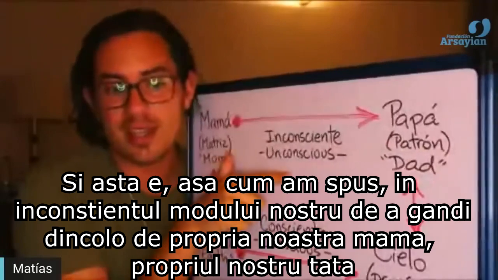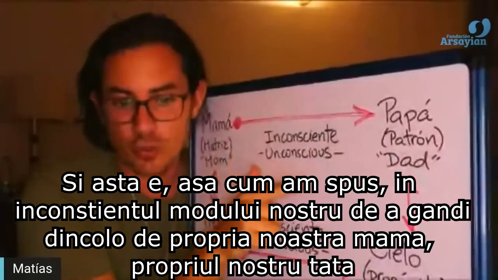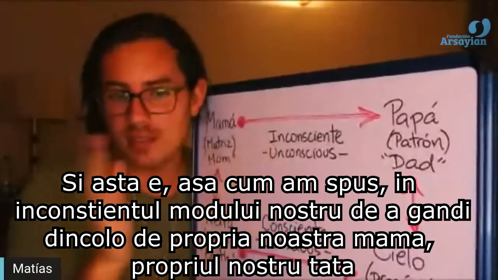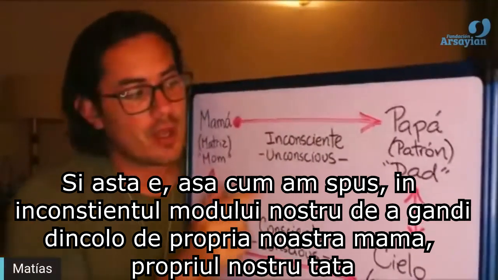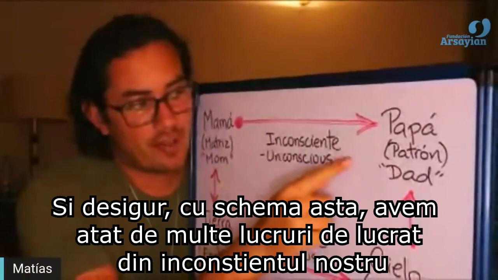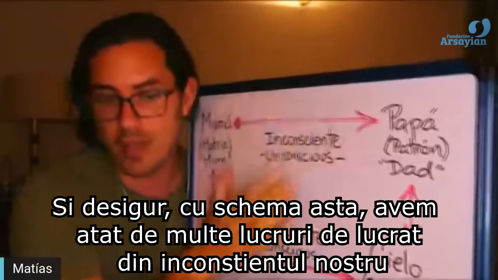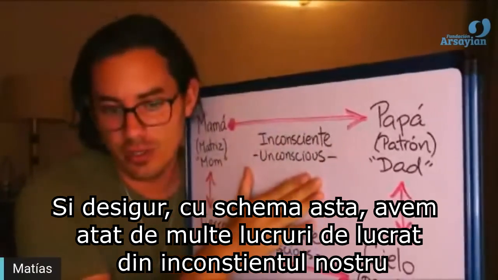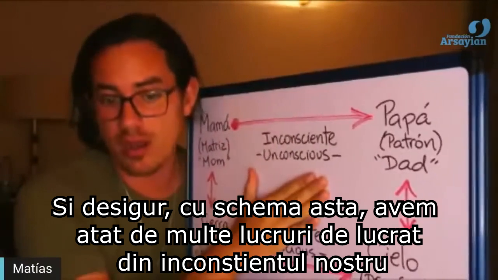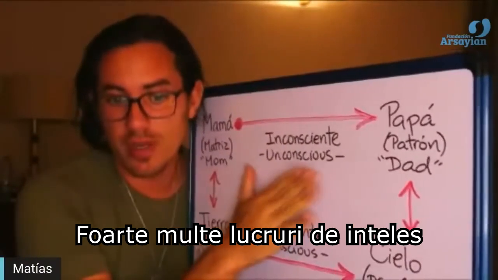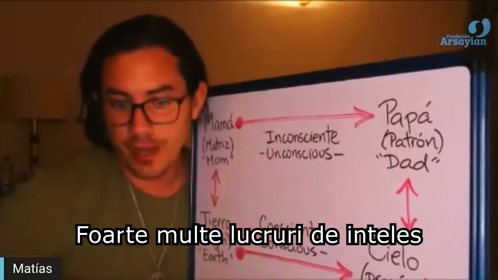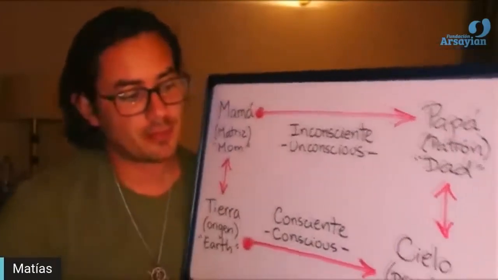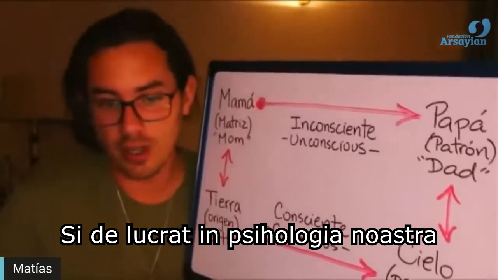As I said, this is the unconscious way of thinking, besides our own mother and father. And for sure, with this scheme, we have so much to work with in our unconscious, so many things to understand and to work on in our psychology.